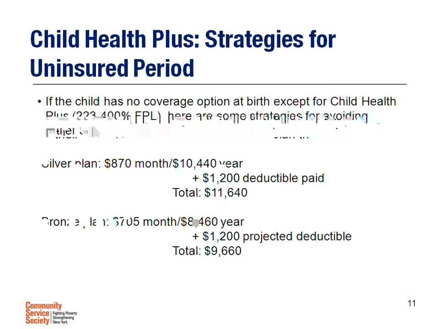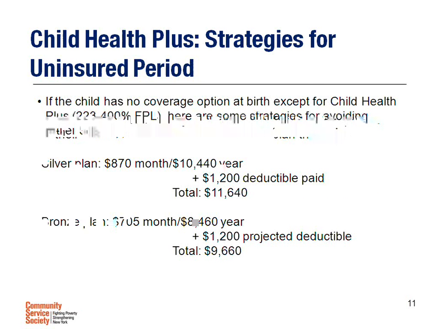Another thing to keep in mind, and this is something that we've had some luck with once, but is not a guarantee. Basically, if someone comes to you and says their child had to be in the NICU for the first few weeks, and they have extremely high medical bills from that period, we've had some luck advocating with the marketplace to advocate with the plans to enroll a child retroactively.